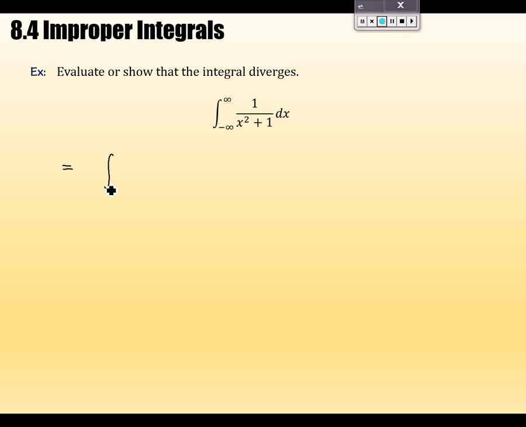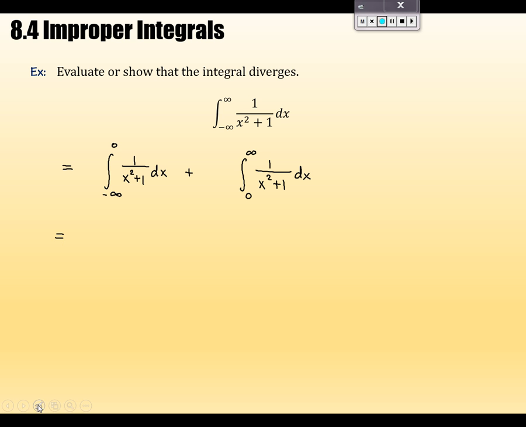Okay. So what's your favorite number? Doesn't matter. How about 0? So how about we split this up from negative infinity to 0, and from 0 to infinity. And now we've reduced this successfully to a previously solved type of question, right?